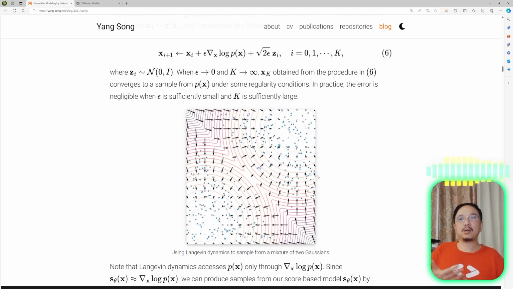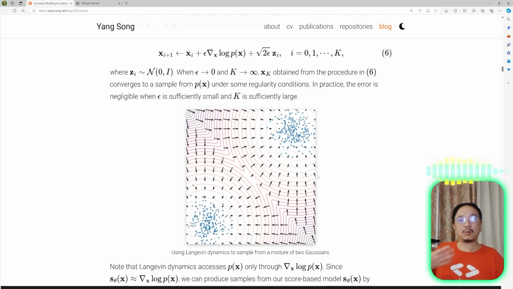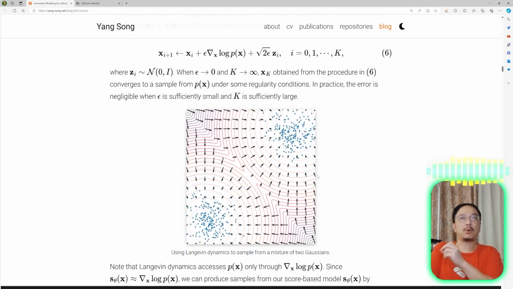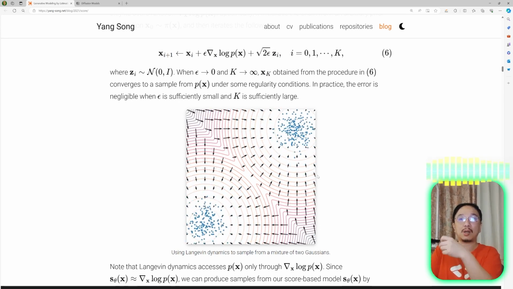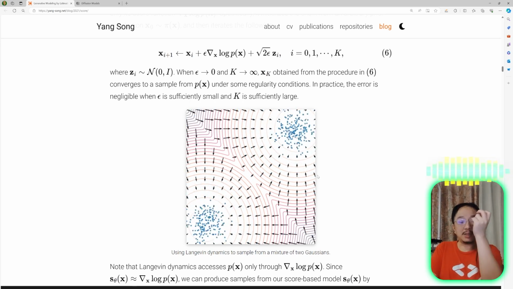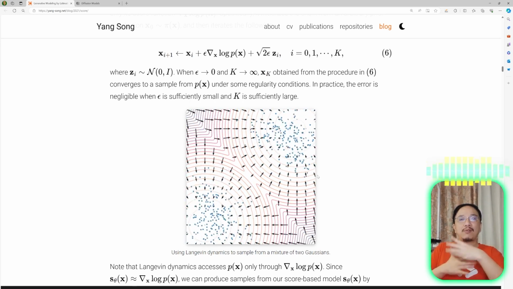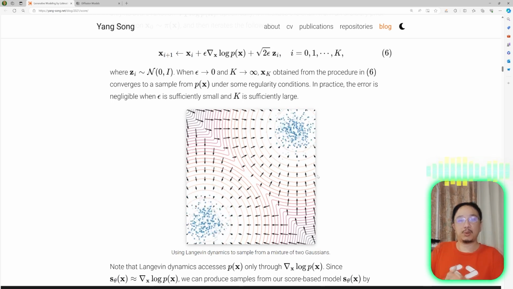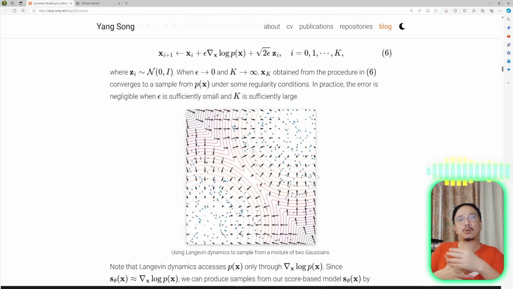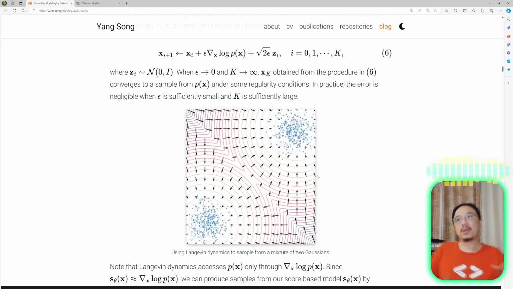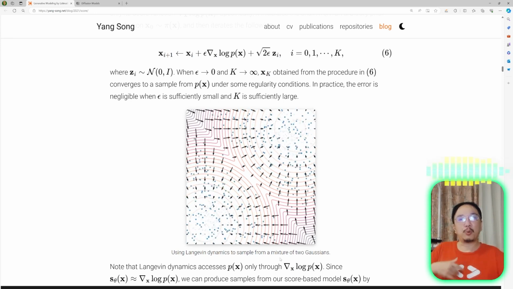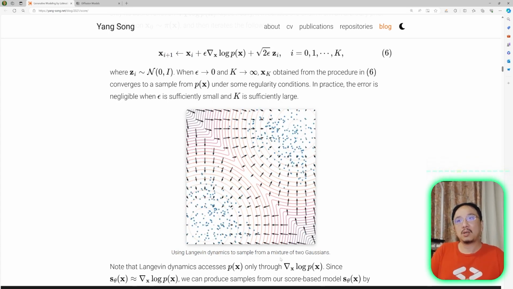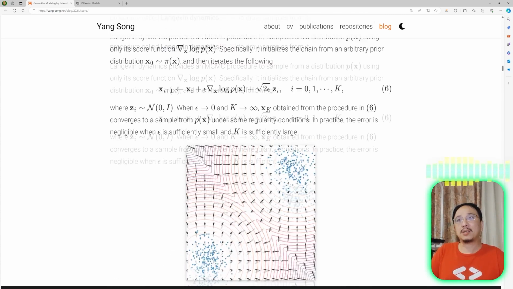However, unlike gradient descent or gradient ascent, we do not wish our sample to converge to the maxima value. We wish it to converge into a distribution like the original distribution. So it requires us to adjust the method a little bit, so that if we randomly draw something and follow the iterative procedure, it will end up with the same distribution.